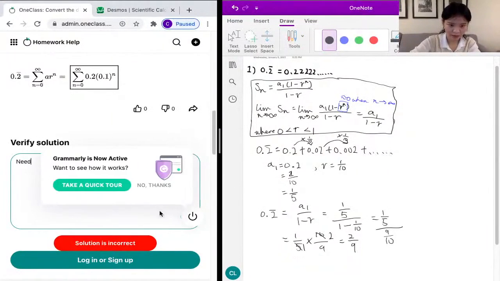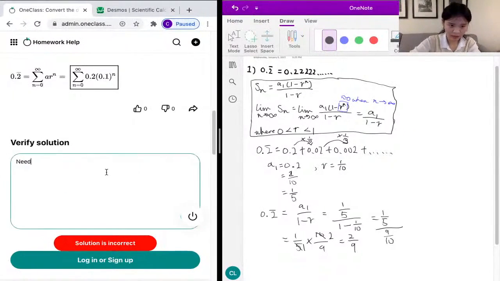So let's just say the answer needs to convert the geometric series into a fraction.